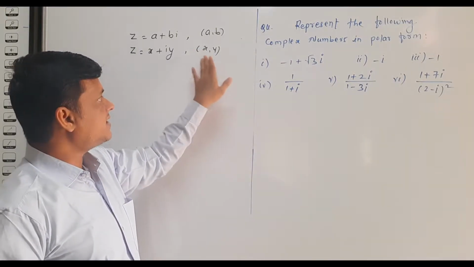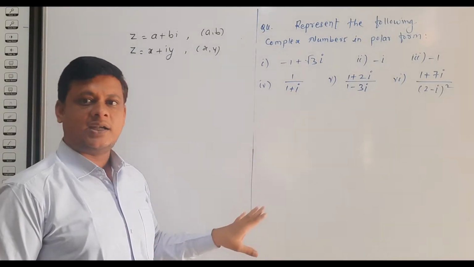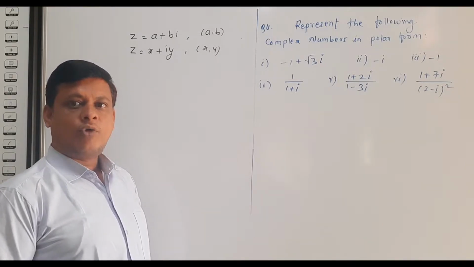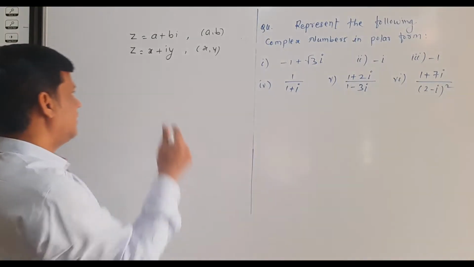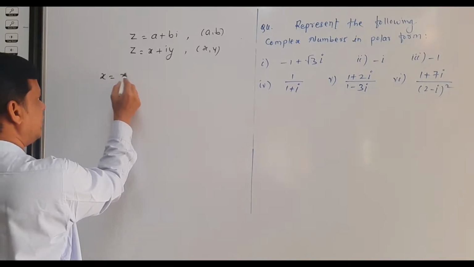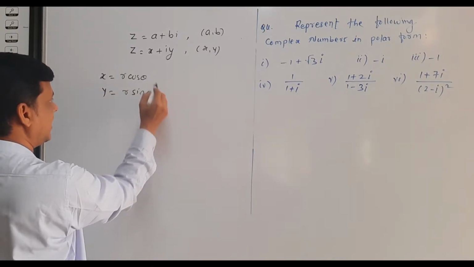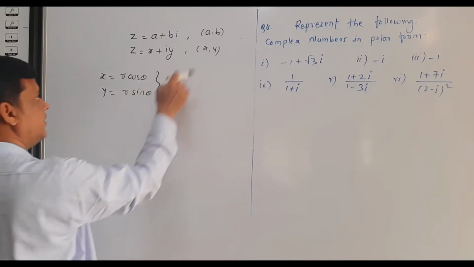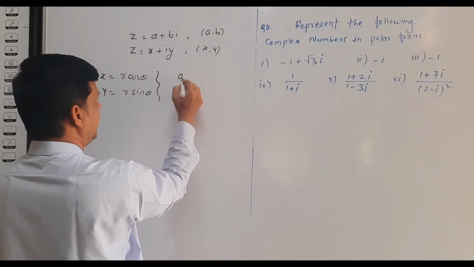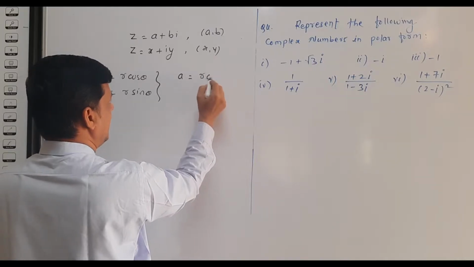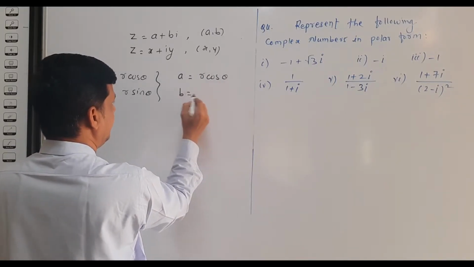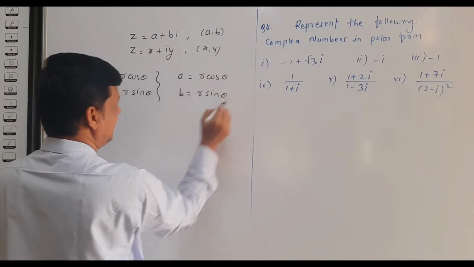When we replace this (x, y) in terms of r and theta, that means in terms of modulus and argument, that is x equals r cos theta, y equals r sin theta. Or if you compare with this (a, b), then we write a equals r cos theta, b equals r sin theta.